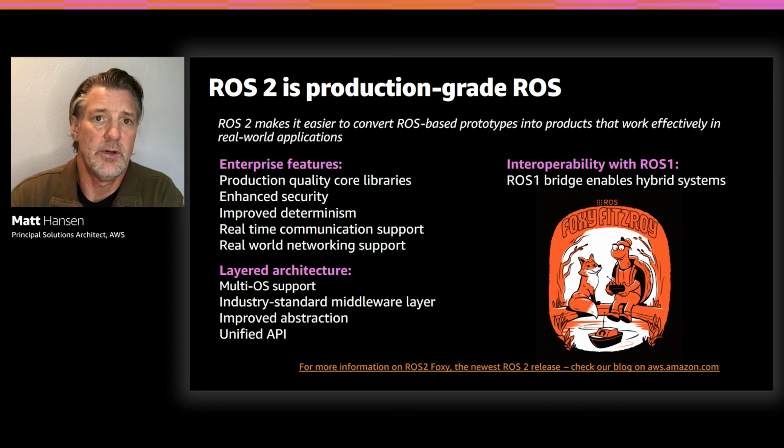For example, ROS 2 includes specific enterprise upgrades such as higher quality core libraries, enhanced security, improved determinism, real-time communication support, support for lossy networks, multiple OS support. It's now supported in not just Linux, but also Mac OS and Windows.